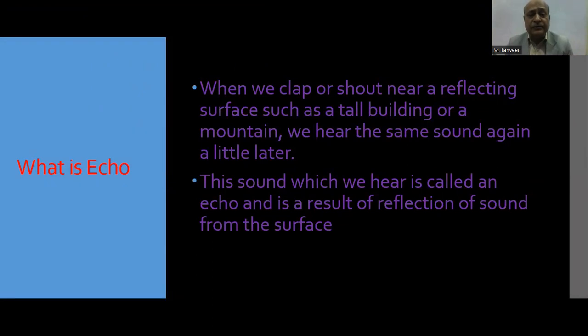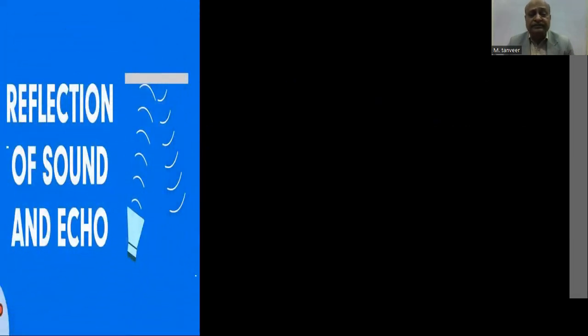Basically, when a sound wave strikes a surface, such as a building, it bounces back, since sound is a wave and reflection is a property of waves. When sound waves strike a tall building or mountain, they bounce back, and this bouncing back of sound after some time is called echo or reflection.